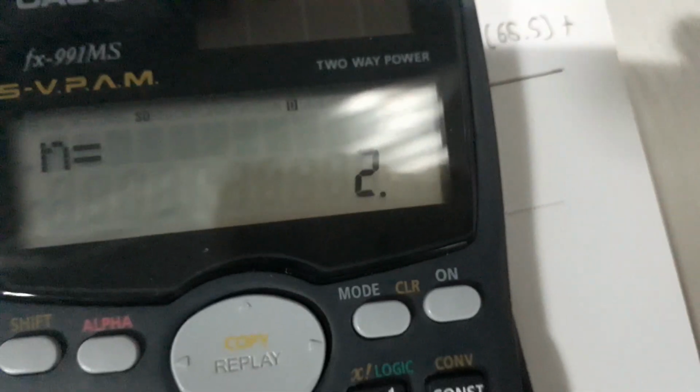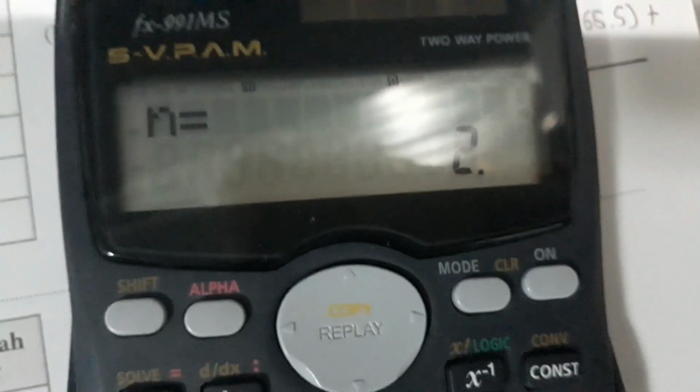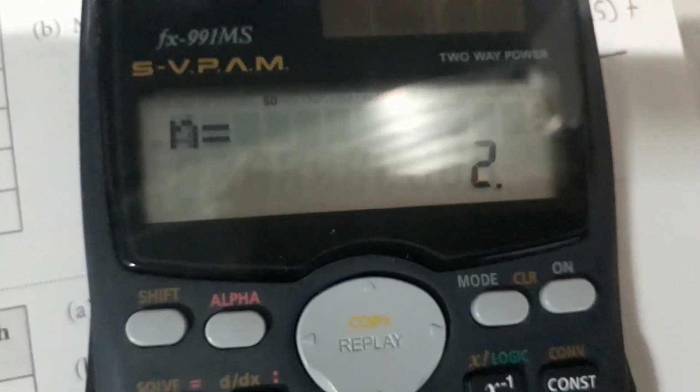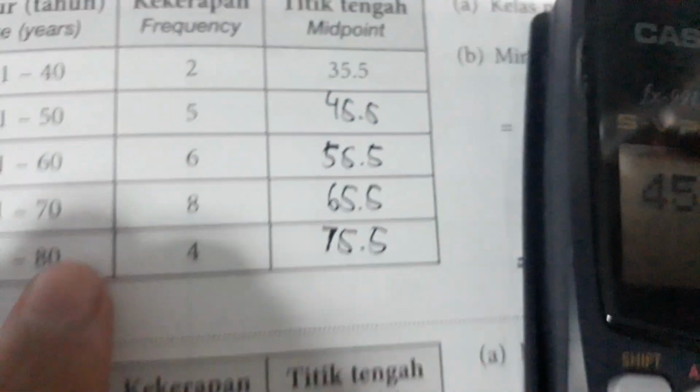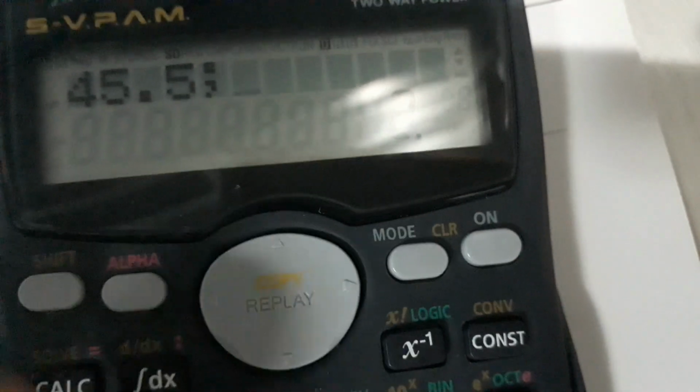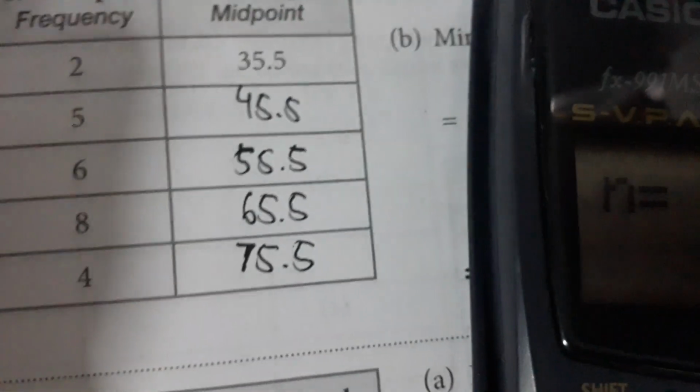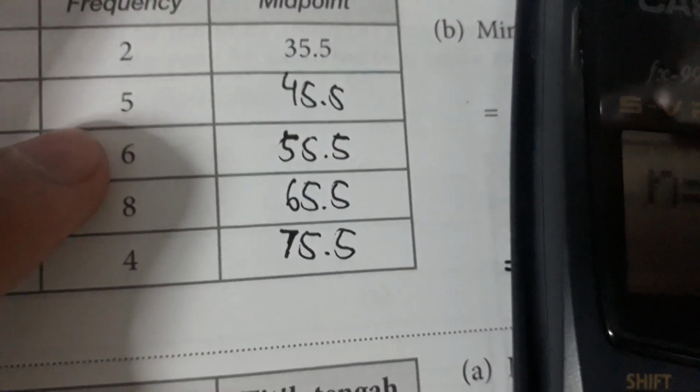After that you straight away insert the second midpoint, which is 45.5, and then you do the same thing. You press shift and this small button, you get the symbol, and then you insert the next frequency, which is 5, and press M plus. Now the total frequency is 7, as you see right here. 2 plus 5 is 7.